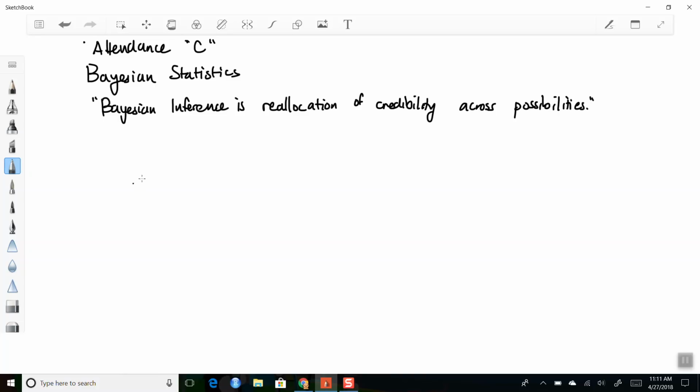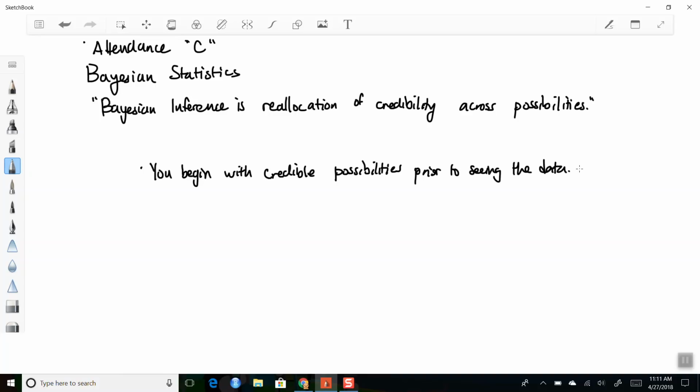The idea is you begin with credible possibilities prior to seeing the data. So you start off with some possibilities, and you say, based on my previous experience or my subjective beliefs, this is what I believe to be possible, and this is the credibility or probability I assign to each of these possibilities.